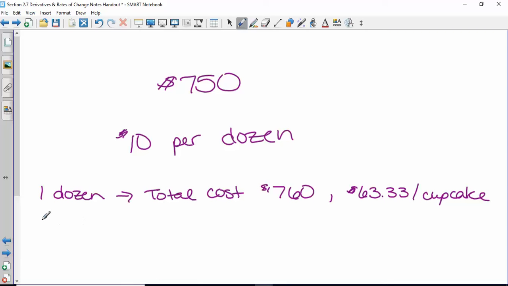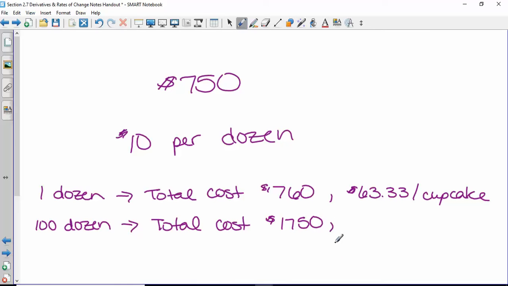Okay, but let's say we end up selling 100 dozen. All right, so what would my total cost be in that case? 10 times 100 is 1,000. Oh, I'm just kidding.